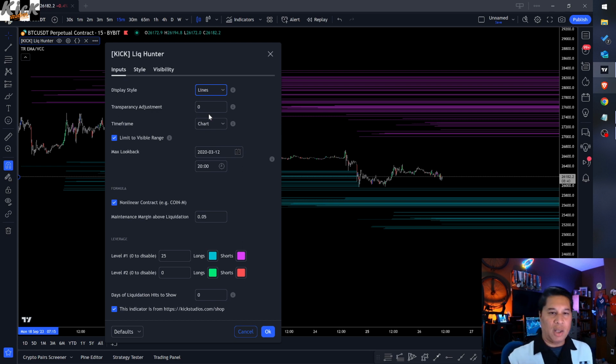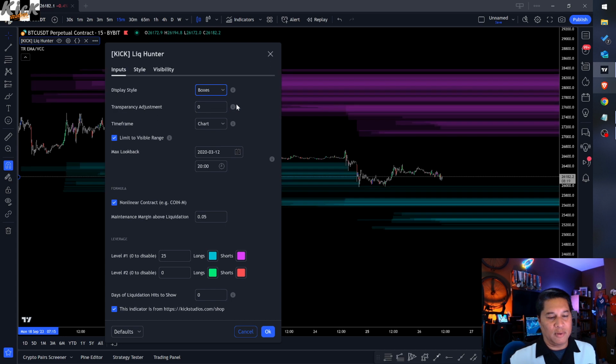So it just puts a line basically at the top of the box for these below price and at the bottom of the box for these above price. Some people think it makes it clearer to see the density of the number of candles that produced different liquidation zones. I prefer the boxes, and I just use the transparency to determine the same thing, kind of like a heat map.